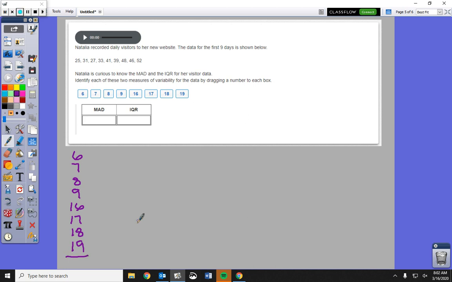Now, if I do the MAD, let's go 6 plus 7 gives me 13. 8 and 9 give me 17. Hey, this gives me already 30. We have 16 plus 17, which I believe gives me 33. So that gives me 63. 18 and 19, I believe, give me 37. Hey, that gives me, I believe, 100.